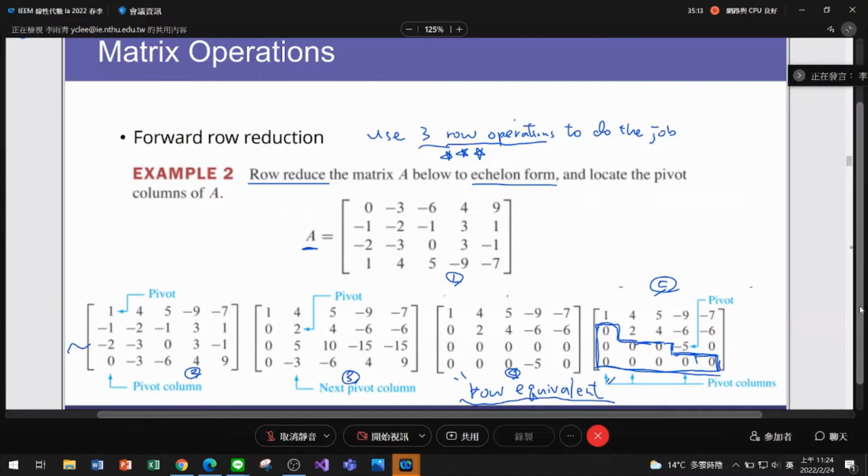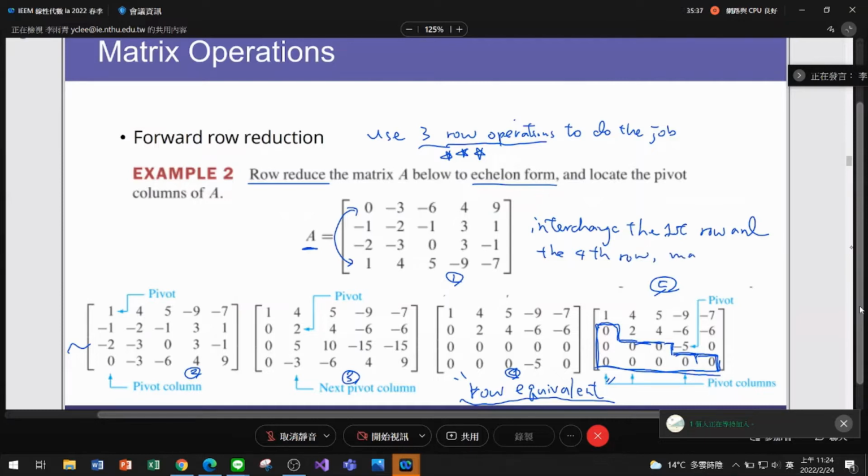If I interchange the first row and the fourth row, matrix 1 becomes matrix 2.